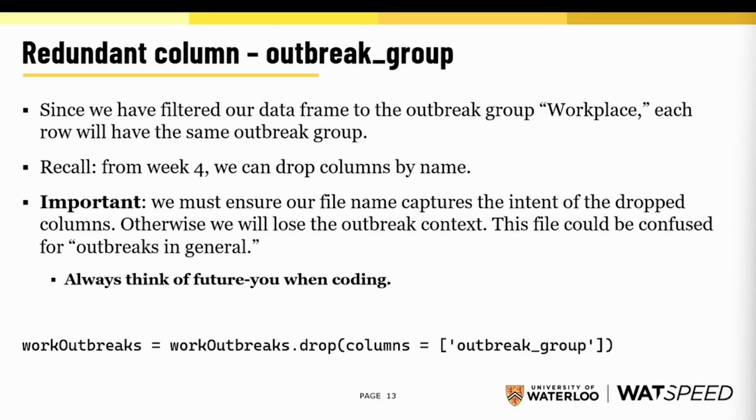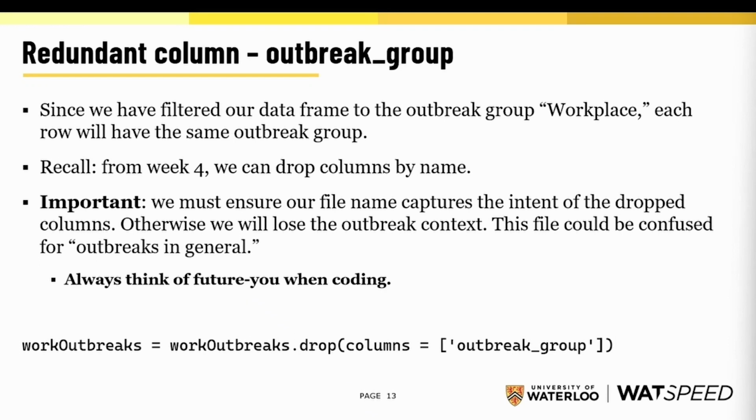And now, since we have filtered our data frame to the outbreak group workplace, each row is going to have the same outbreak group. And remember from week 4 that we can drop columns by name? Well, we want to make sure that our file name captures the intent of our dropped columns.